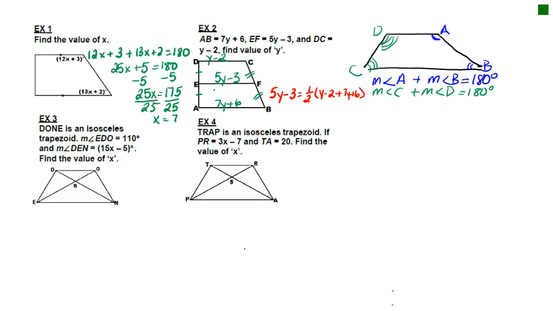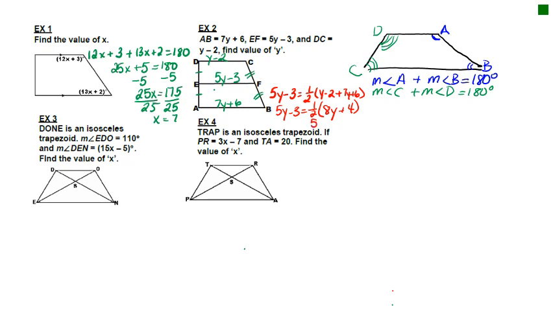So here we go. I don't know why they had to make this one so complicated, but we're going to go with it. Okay, so I'm going to do 5y minus 3 equals 1/2. Let's see, combine like terms. 8y. And then negative 2 plus 6 is 4. Then I'm going to distribute a half.